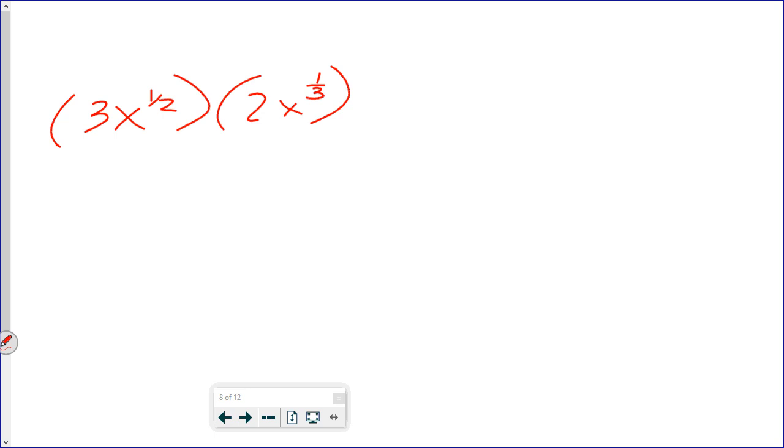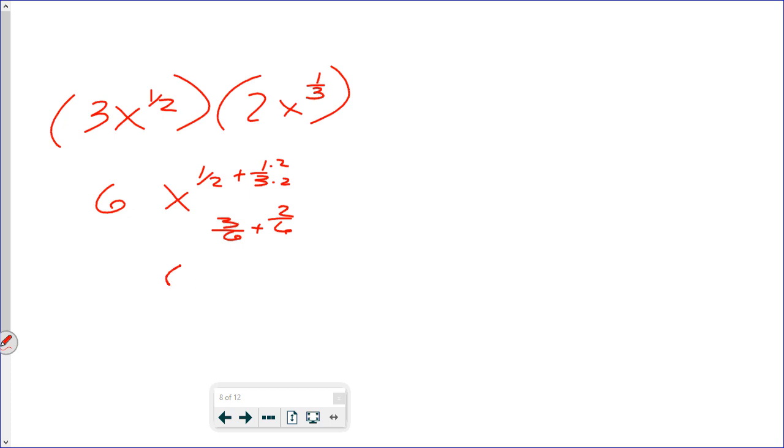If I multiply those two, 3 times 2 is 6. I add my exponents, so it'd be x to the 1/2 plus 1/3, but can I just go ahead and add those two? No. What do I need to add fractions? Common denominator. So that would be 3/6 plus 2/6.